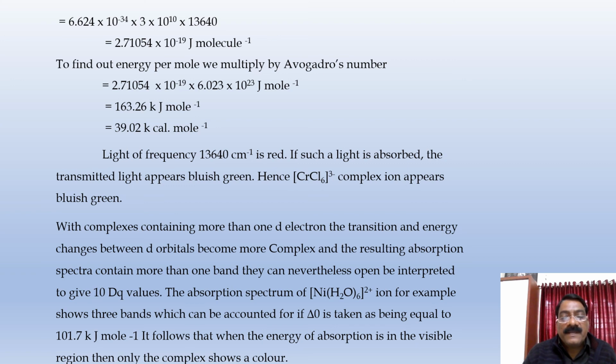The absorption spectrum of the [Ni(H2O)6]2+ ion, for example, shows three bands, which can be accounted for if delta O is taken as equal to 101.7 kilojoules per mole. It follows that when the energy of the absorption is in the visible region, then the complex shows a color.